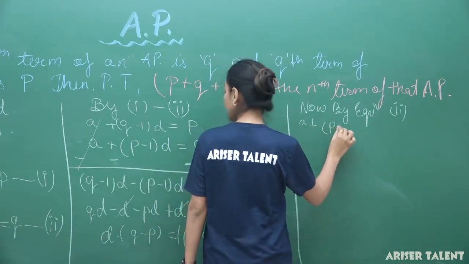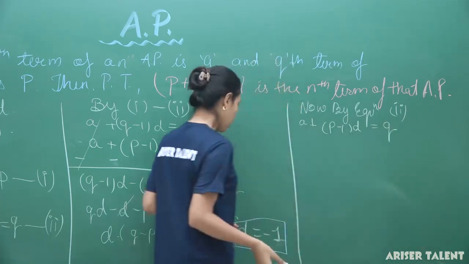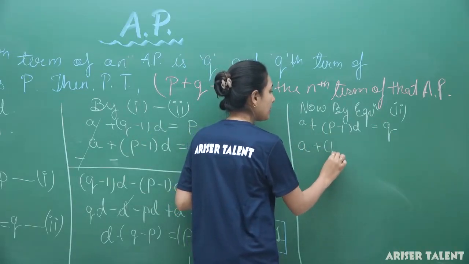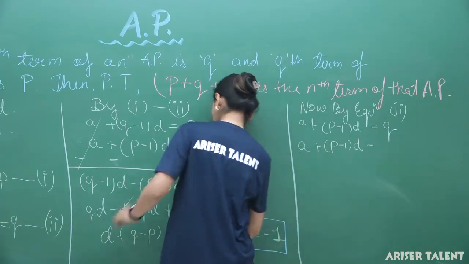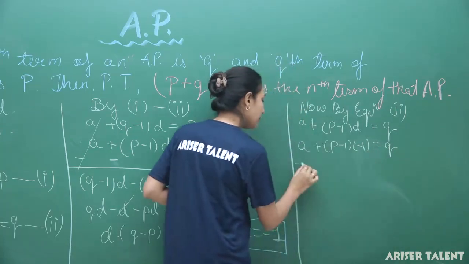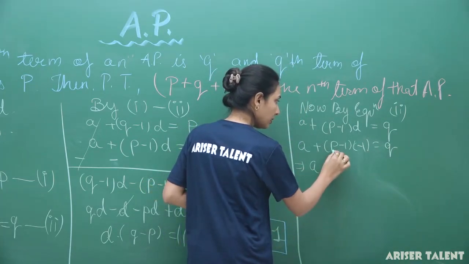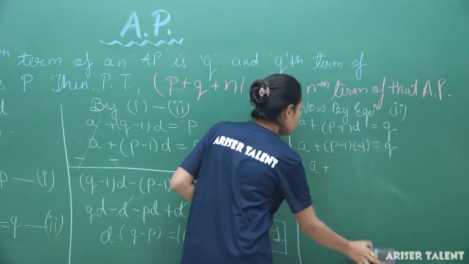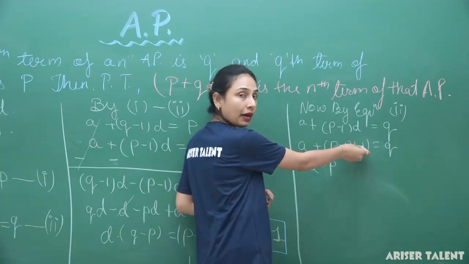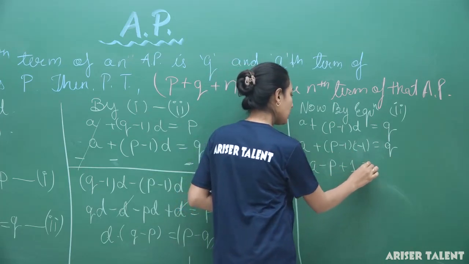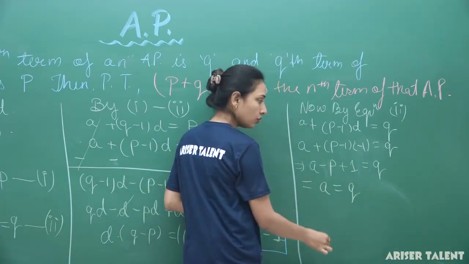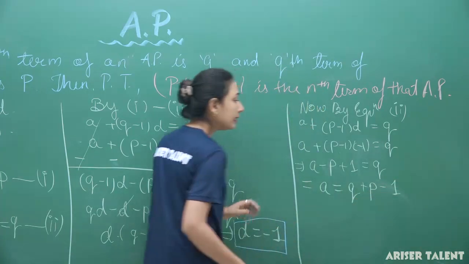A plus (P minus 1) D equals Q. Put D equals minus 1 here: A minus (P minus 1) equals Q. This implies A minus P plus 1 equals Q, so the value of A will become Q plus P minus 1.